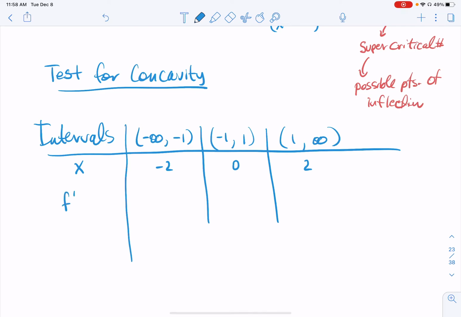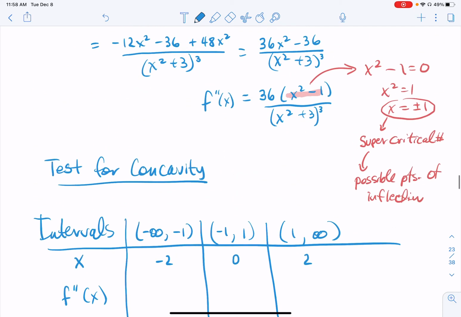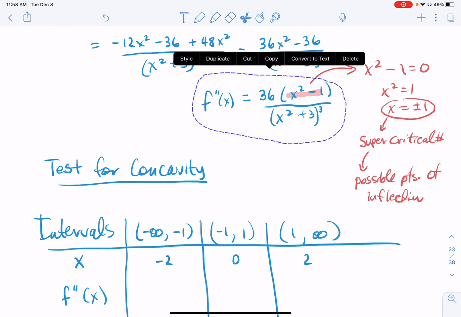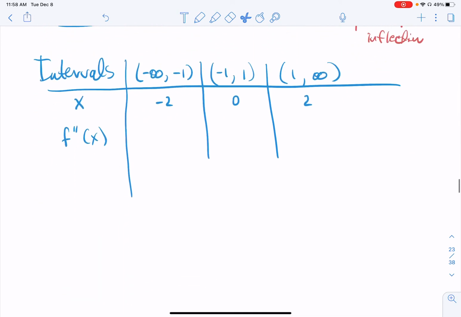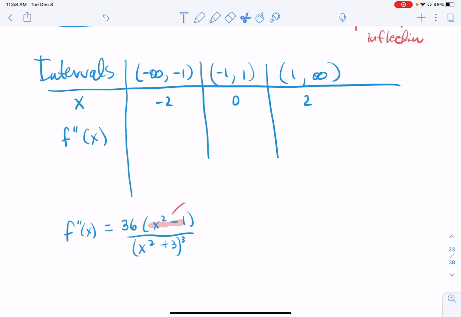So it's going to go into the second derivative in order to tell me something about f of x. Look at f double prime, see if it's positive or negative. So I'm going to copy this down again so I don't have to keep scrolling.